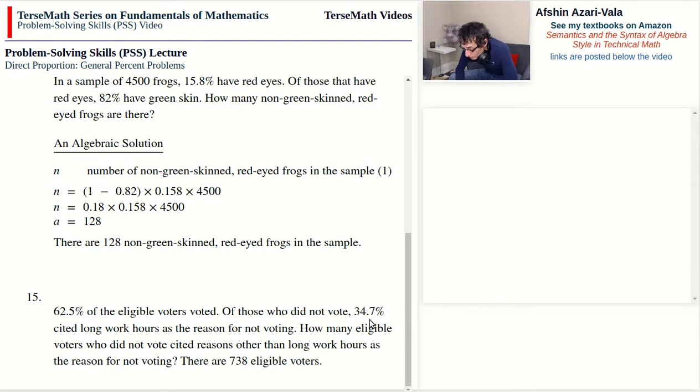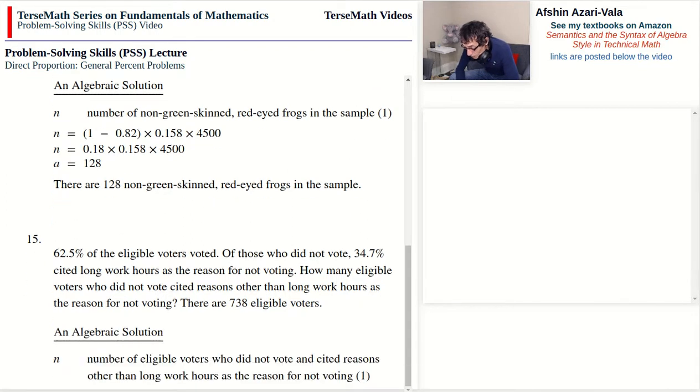Next, we have 34.7% cited long work hours as the reason for not voting. But what we are trying to calculate is those who cited reasons other than long work hours as the reason for not voting. So we will be using 100% minus 34.7%.